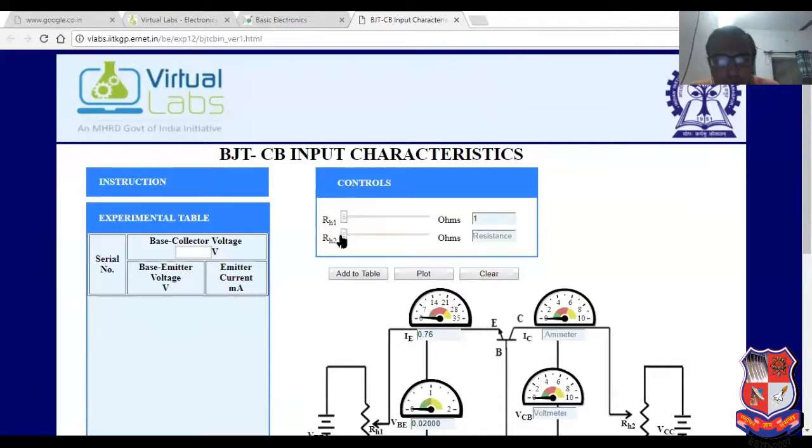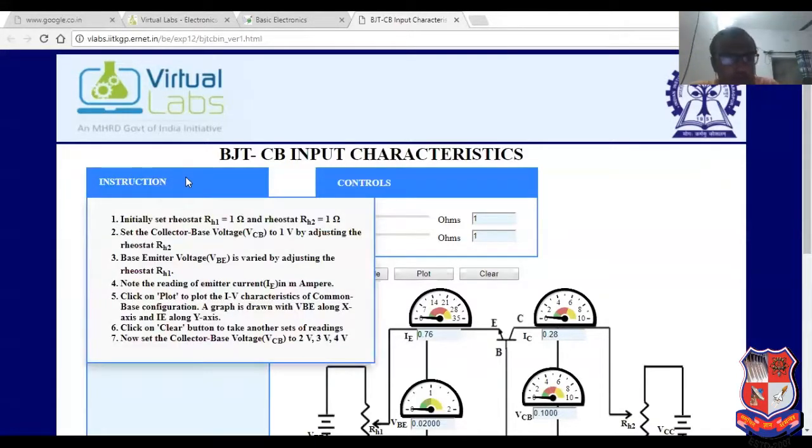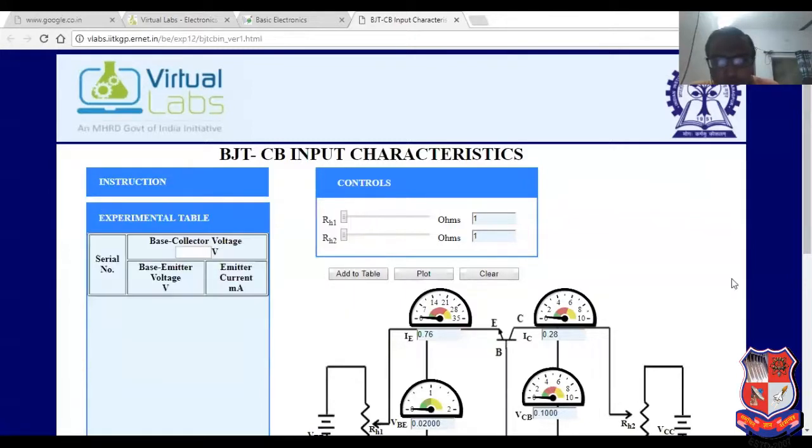See, this is 1 ohm, and it is also 1 ohm. Now set the collector base voltage VCB to 1 volt by adjusting rheostat 2.